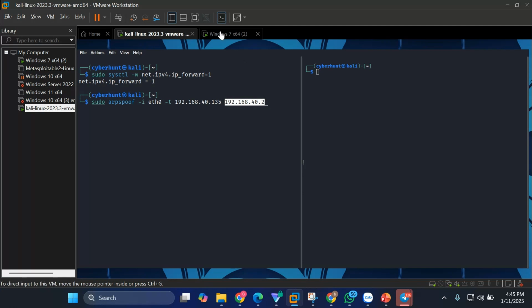So Windows is going to believe that the default gateway IP address now belongs to Cyberhorn, which in this case means it is going to believe that we are the router.